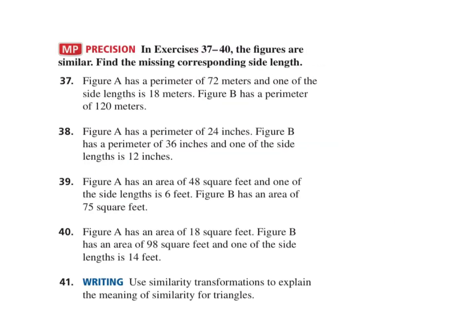Okay, now, it says the figures are similar. So find the missing corresponding side length. Figure A has perimeter 72. One of the side lengths of A is 18. Oh, and it does tell you the perimeter of figure B is 120.